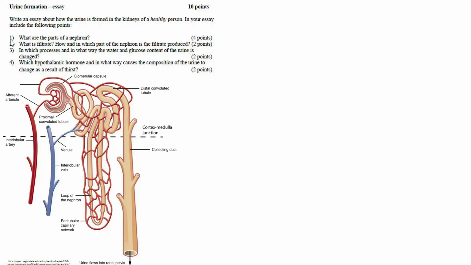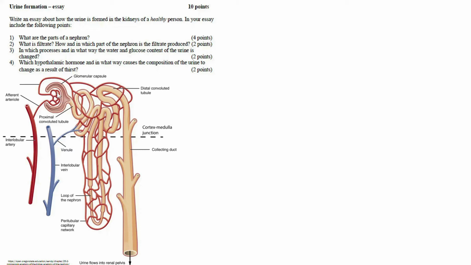And basically we are going to look at the first question now, which is about the parts of a nephron. So we know that the afferent artery will enter the kidneys, and that will branch into many, many arterioles. And finally, the glomerulus is going to be the connecting point. So the glomerulus is made up of many capillaries, and this is the point where the primary filtrate will be formed.